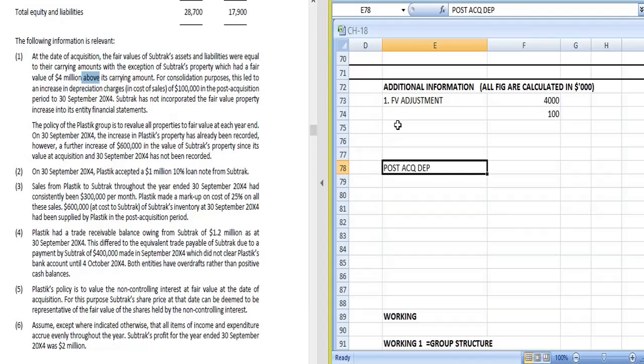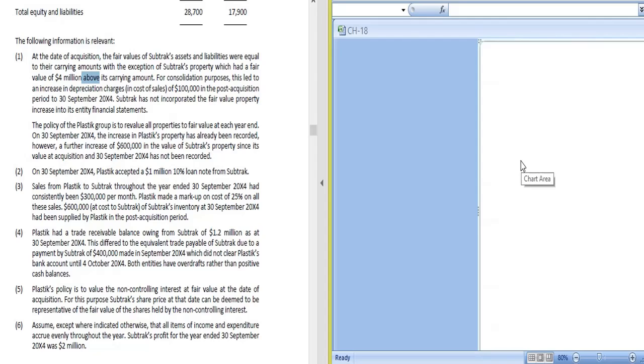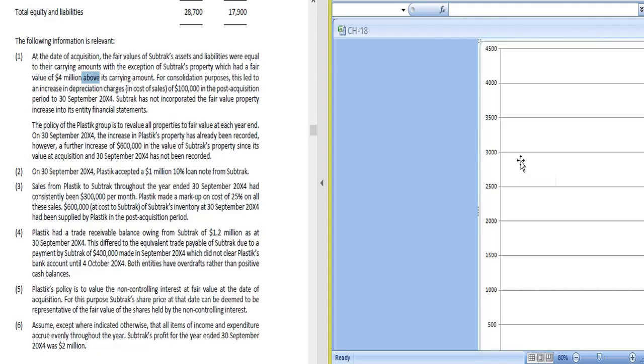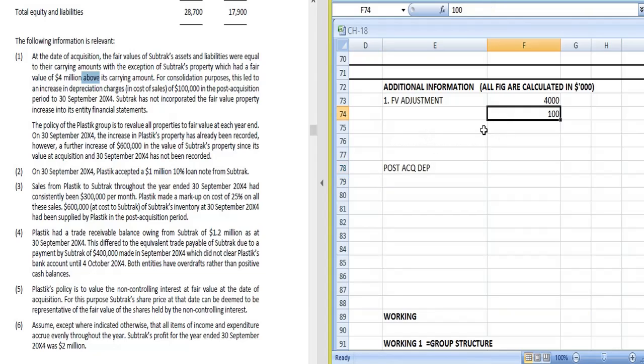So here, journal entry. So debit, this amount will be added to PPE.